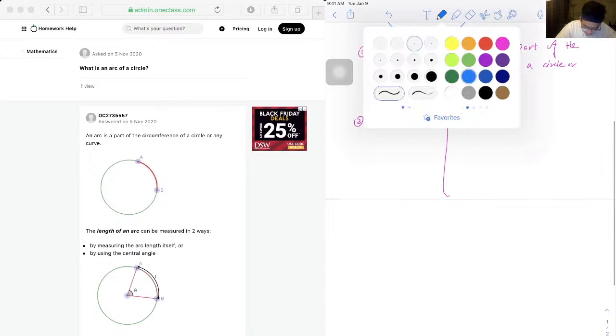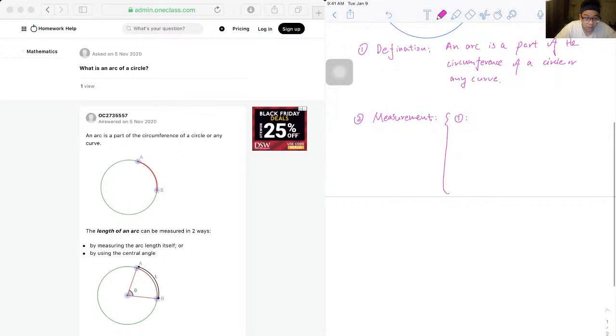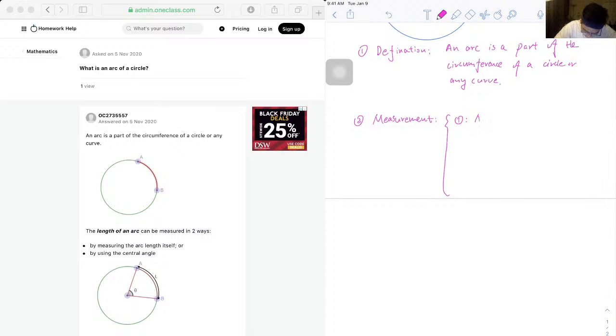So the first way, we measuring the arc length itself. And also the second way is using the central angle. Yep.